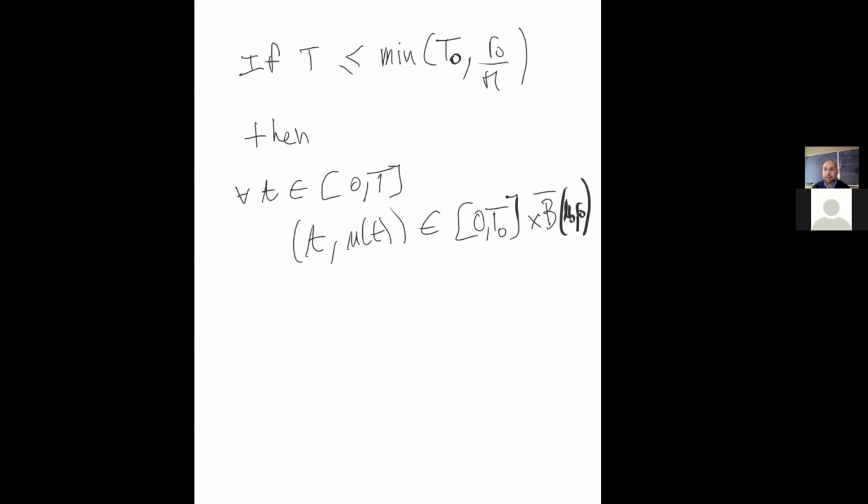So this ensures that the solution will be defined. If I have a solution, it will be defined for a given amount of time, meaning that it will not exit the definition domain of f before a certain amount of time that I can compute explicitly.